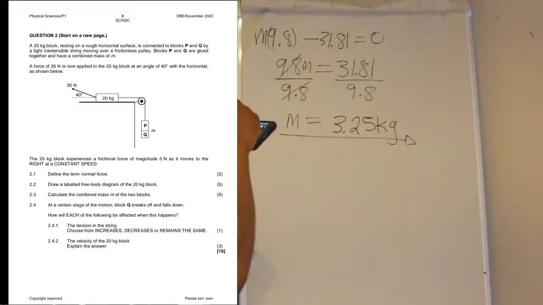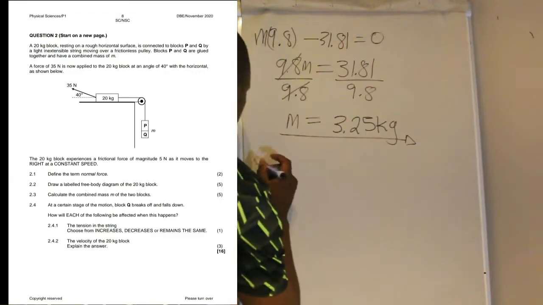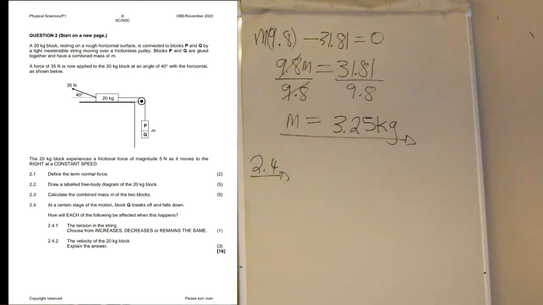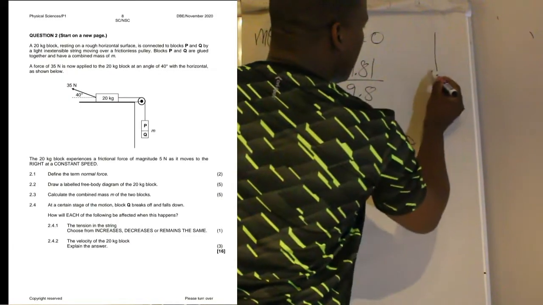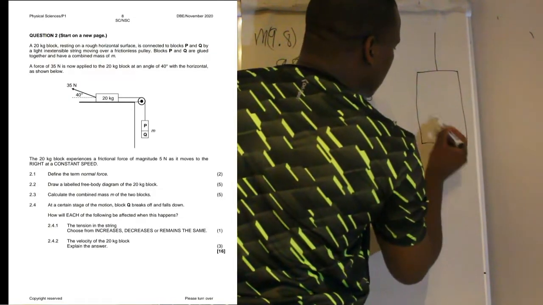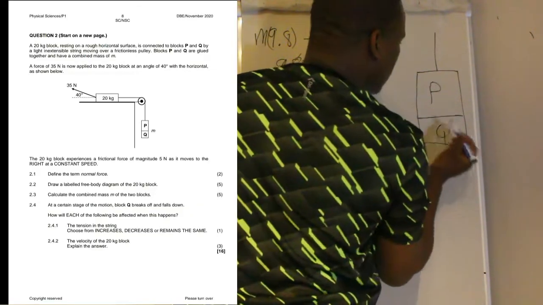So the next question is 2.4. I'll also show the question paper to you. They are saying, at a certain stage of the motion, block Q breaks off and falls down. So we had P, you had Q there.